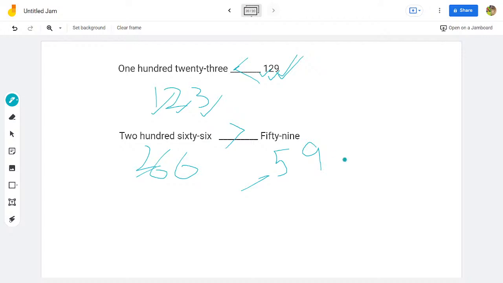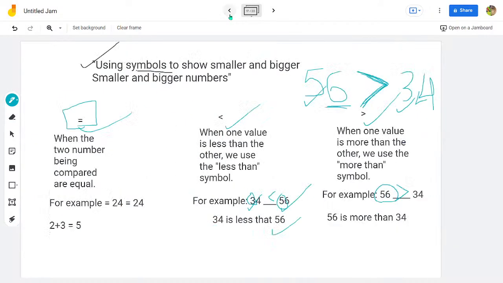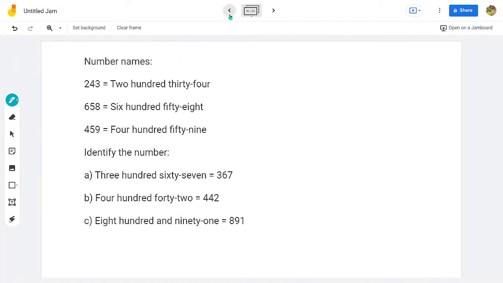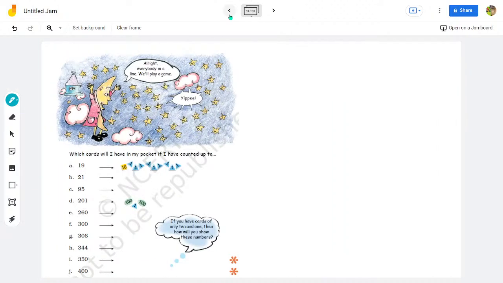Now we are done with comparing the basic numbers. Now let's see if we have any practice questions in your book related to this concept that we have done today.